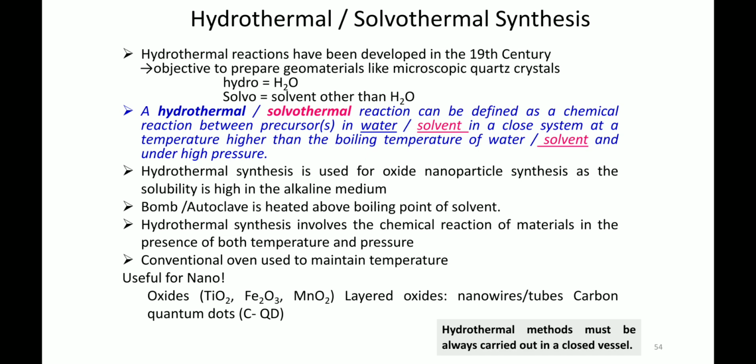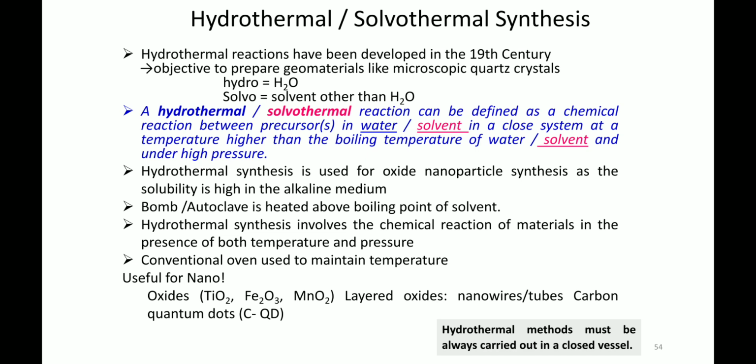If you want to reduce the temperature, then you have to use some closed vessel like a bomb or autoclave, where at the lower temperature you generate a very high pressure, and the high pressure and temperature will initiate the reaction which needs very high energy. So basically this is the fundamental approach behind using this hydrothermal or solvothermal method.